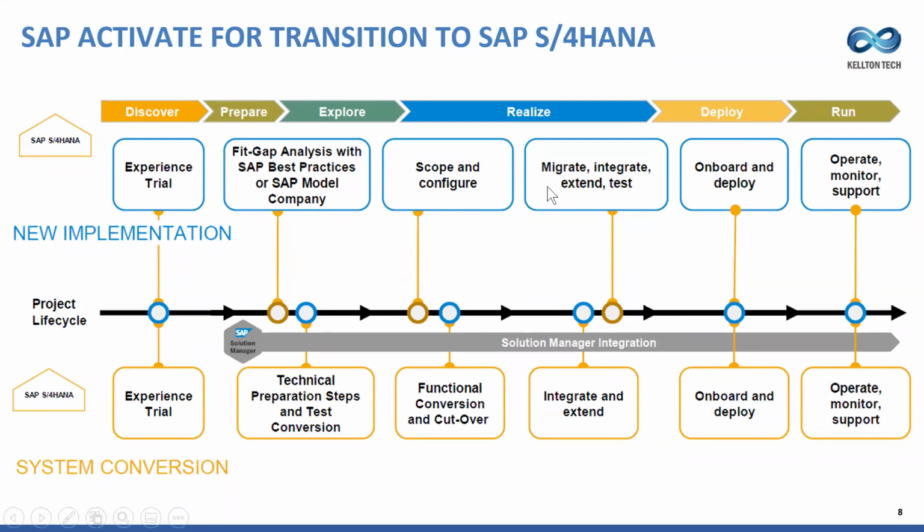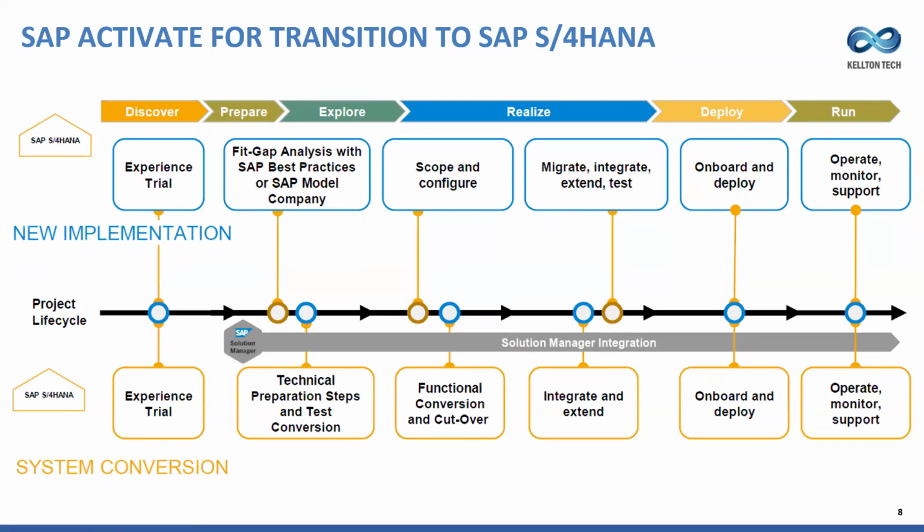Then we can migrate the data, both master and transaction, at various points in time. Then integrate with the third-party systems and interfacing systems, be it tax, be it bank, etc. And then extend the solution on a cloud platform.